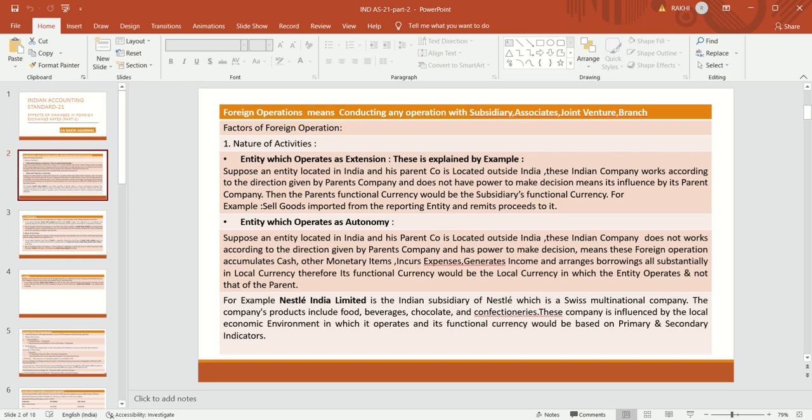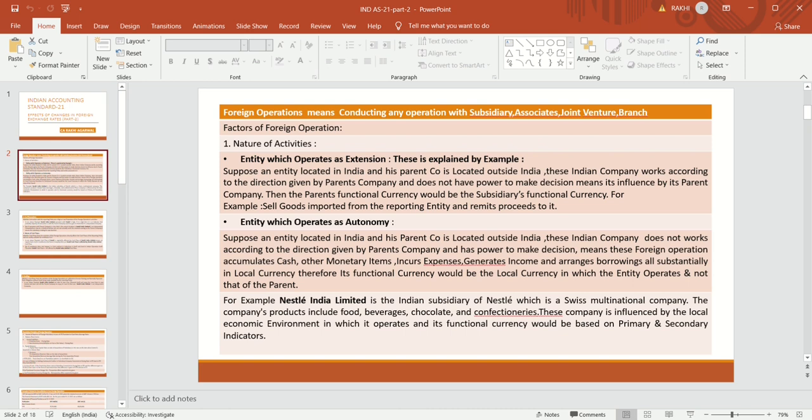So, I will explain with a practical example: Nestle India Limited. Nestle India Limited is an Indian company which is the subsidiary of Nestle, the Swiss multinational company.